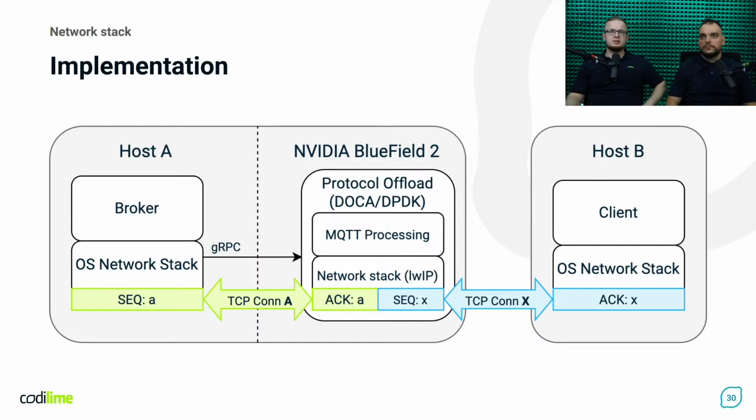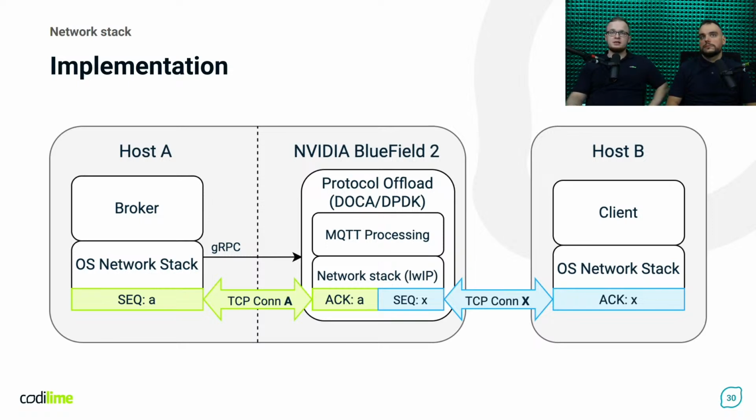So at that stage, considering the amount of time we could spend on it, we decided to go with lightweight IP, which was significantly easier to work with. And we had some prior experience working with it.